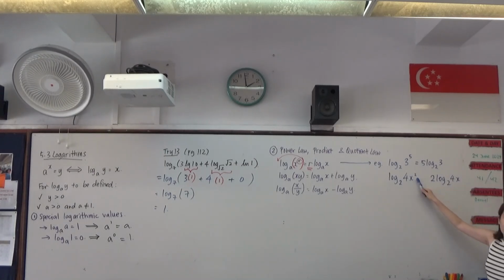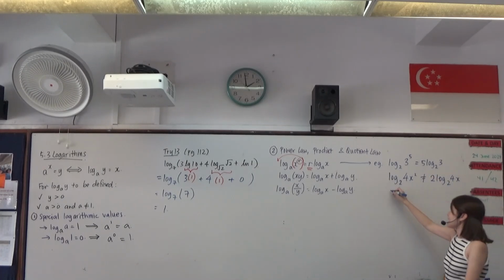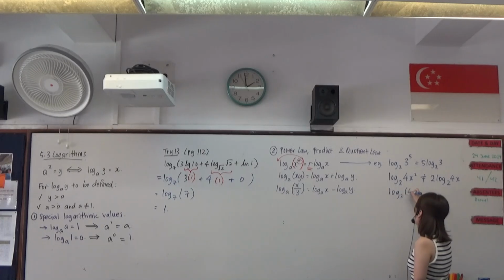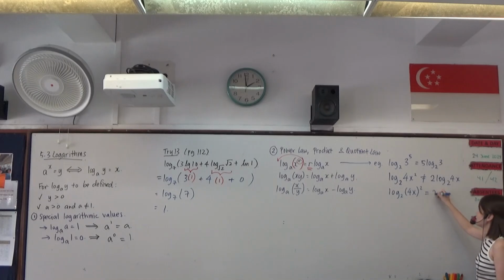Because this square, this power, is only for the x. So they are not equal. I can say that they are equal if my power is to the entire 4x. So just to be very clear about the power law.